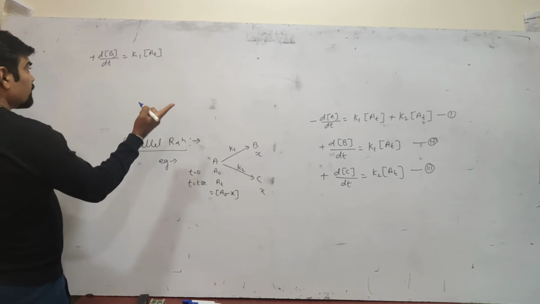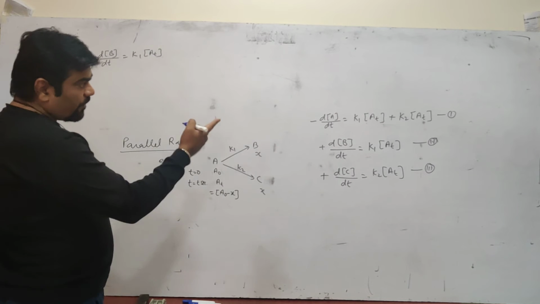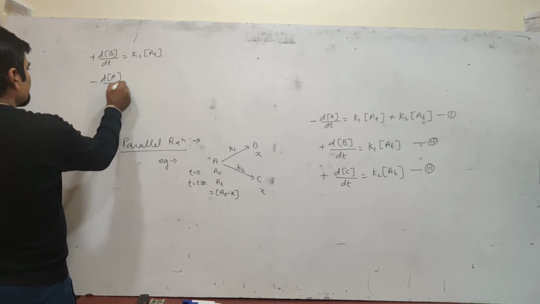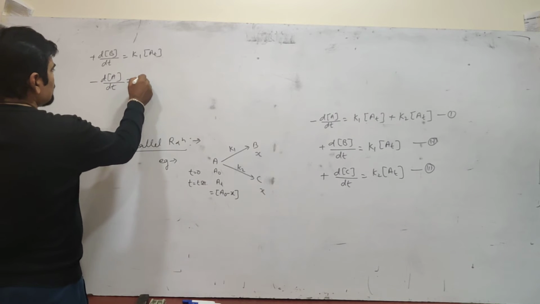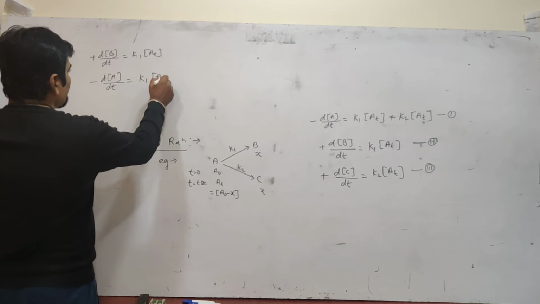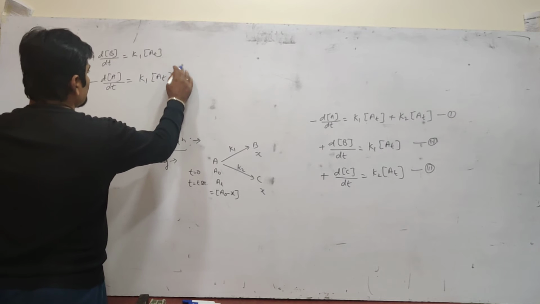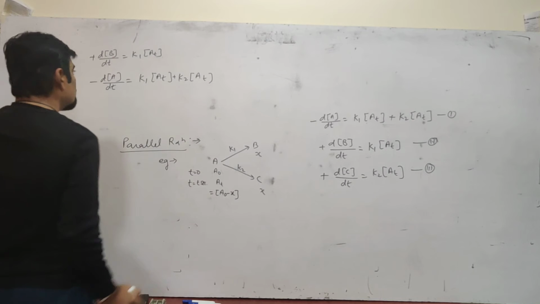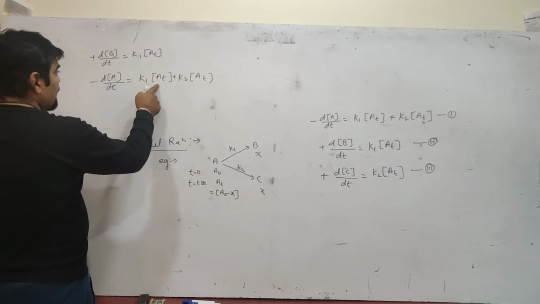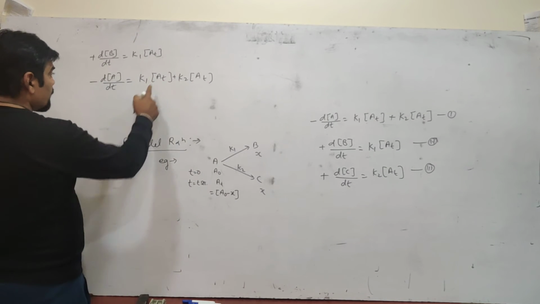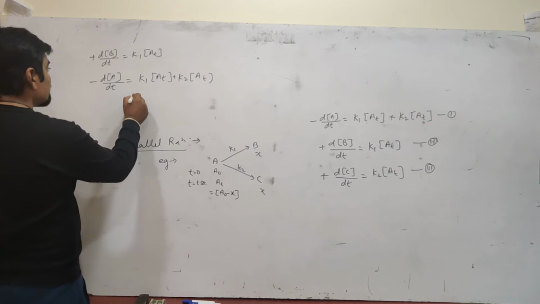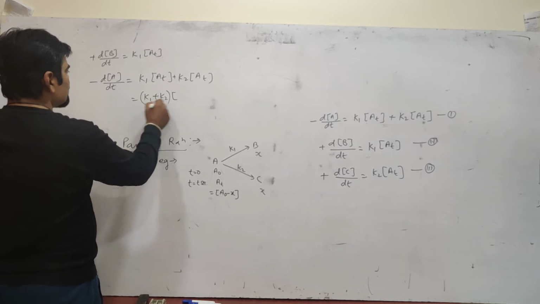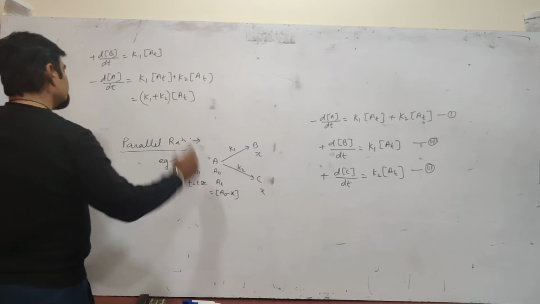Since we know the rate of disappearance, minus d[A] by dt, is equal to K1 into the concentration of A after time t plus K2 into the concentration of A after time t, and since At and At are the same, this is equal to K1 plus K2 into the concentration of A after time t.